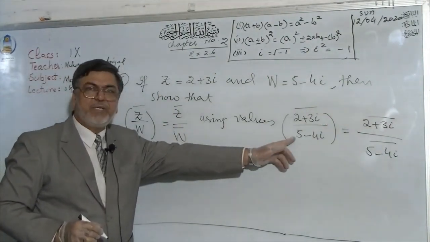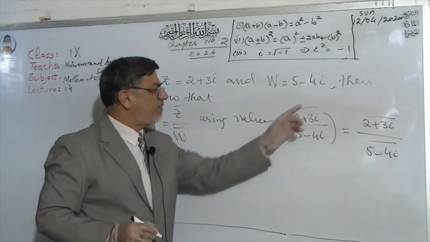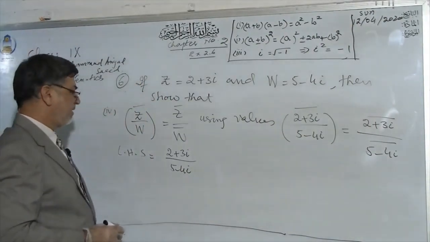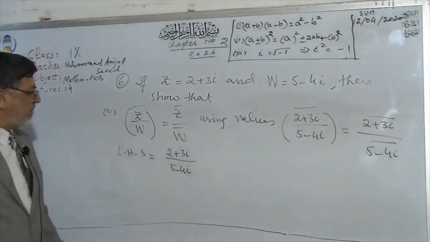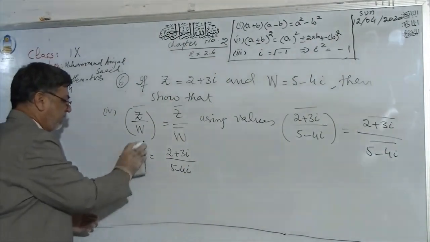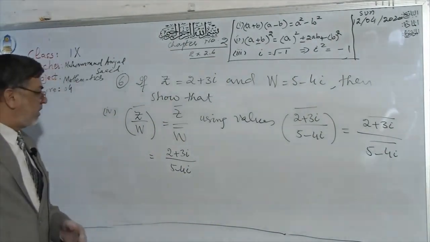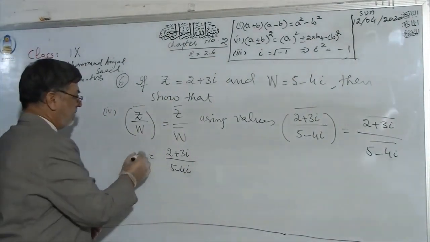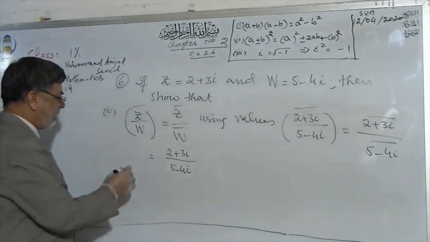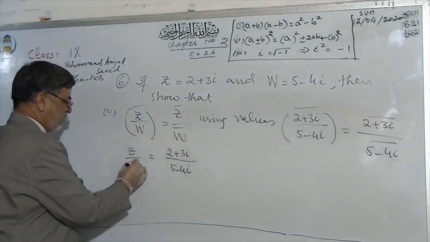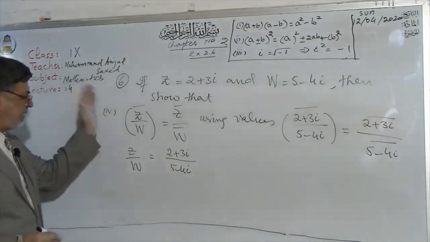Multiplying above and below by the conjugate of the denominator. Rather, it is better not to write down left hand side; simply we solve Z over W first, then at the end we will take the bar.